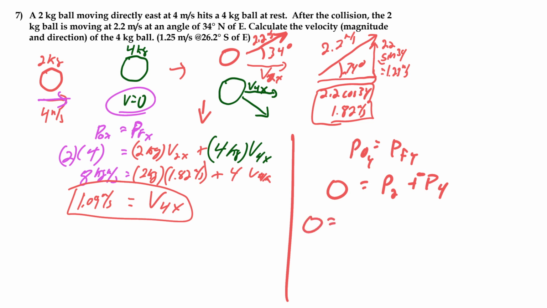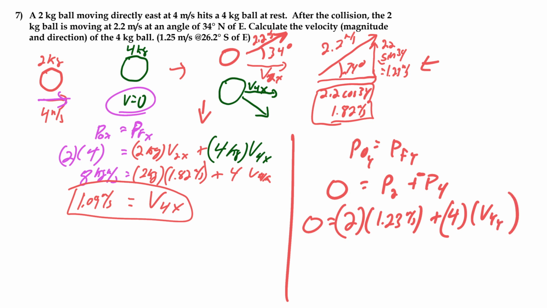So we'll go 0 equals, so P2, that would be the mass of ball 2. Now we already found the y velocity, that's right here. So that's 1.23 meters per second. That's the velocity in the y direction. Plus 4, that's the mass of ball 4, times its velocity. And we'll just call this V4 in the y direction.